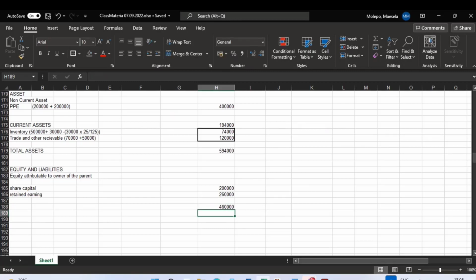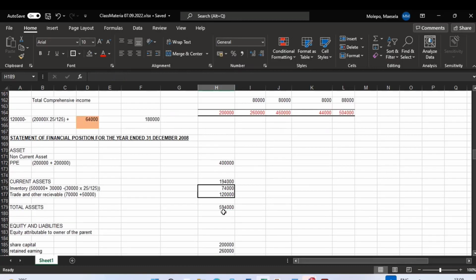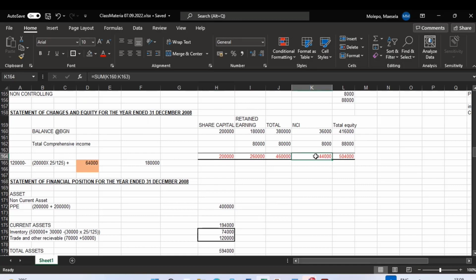Then we proceed. Then we're going to have the non-controlling interest part from the SCE, which is 44, this one from the SCE.